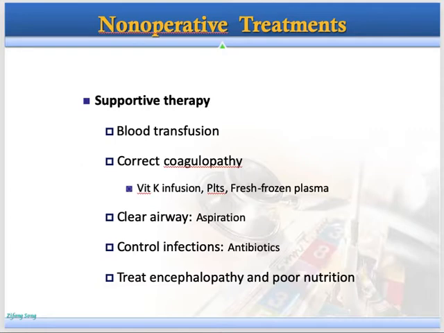We admit the patient into the resuscitation room or ICU, and depending on the hemoglobin levels, we decide whether they need a blood transfusion or not. Okay. Sometimes we can give the patients fresh frozen plasma, platelets, or vitamin K infusions to stop the bleeding.